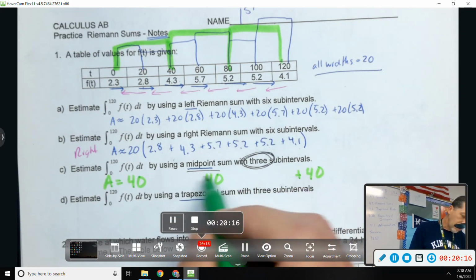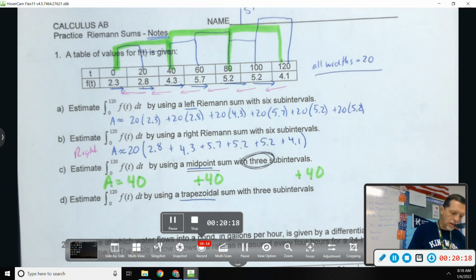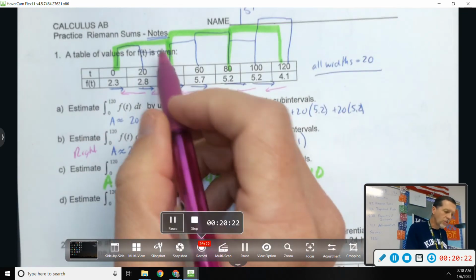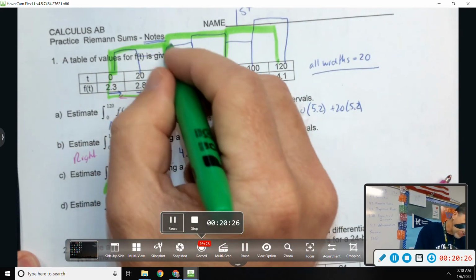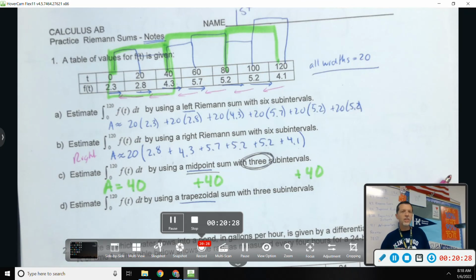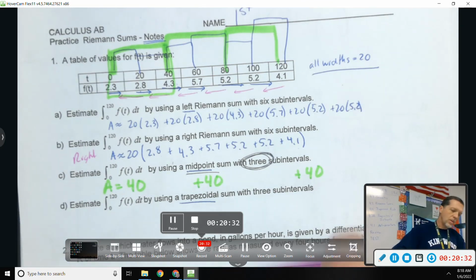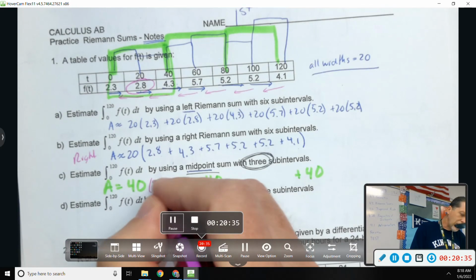Which means I could factor that out if I wanted to. Which height am I going to use on this first rectangle? I've got three options: 2.3, 2.8, or 4.3. Why 2.8? Because it's in the middle and I want a midpoint.